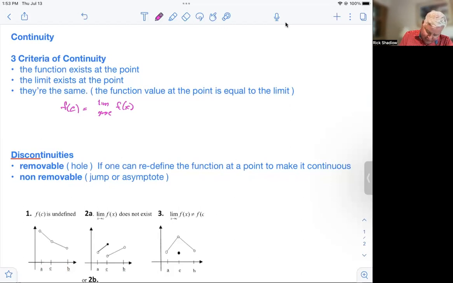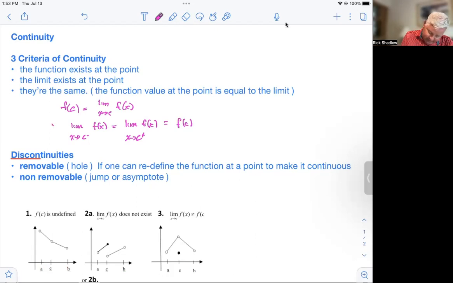So I write that just a little differently. Basically, what I have to be able to show is that the left-hand limit equals the right-hand limit, which therefore means the limit exists, and then it has to equal the function value.